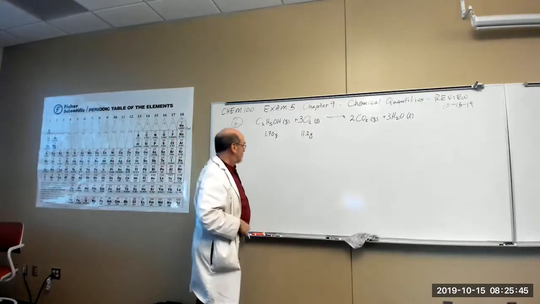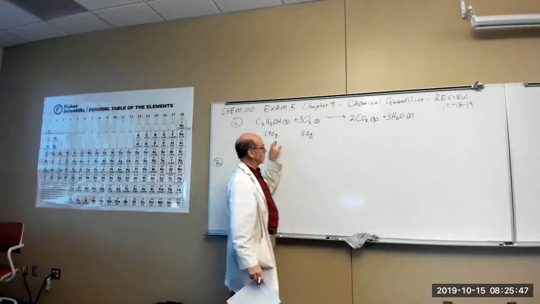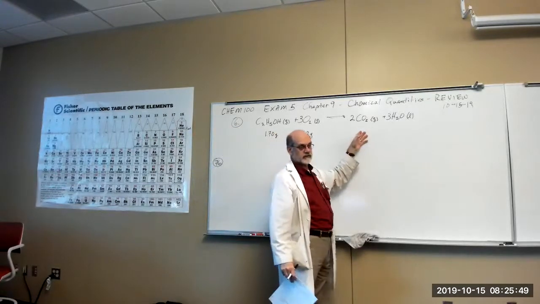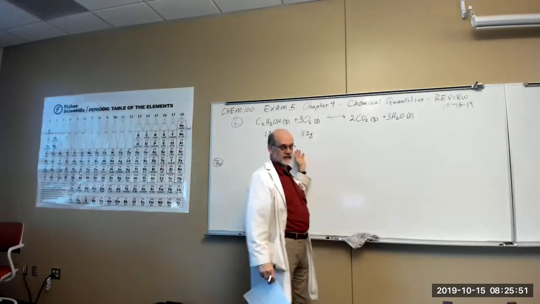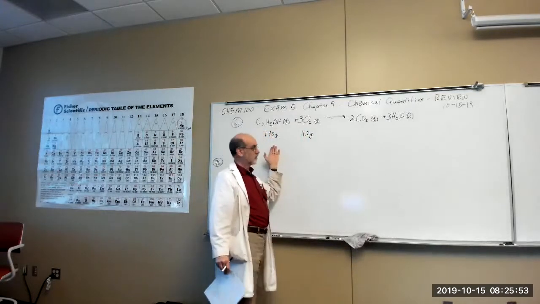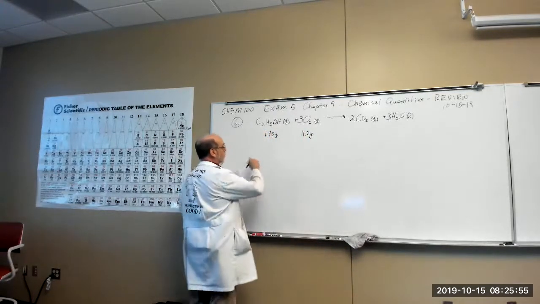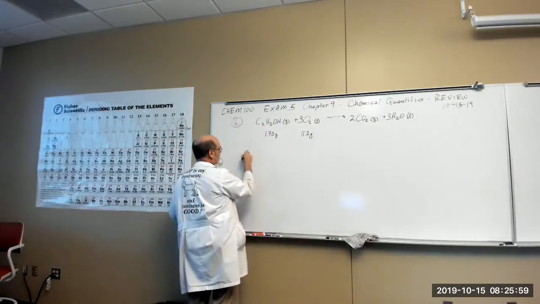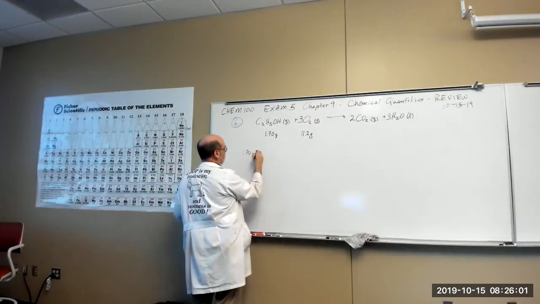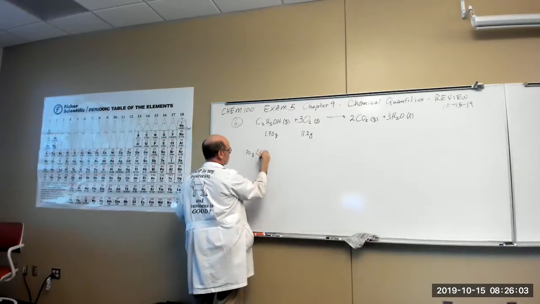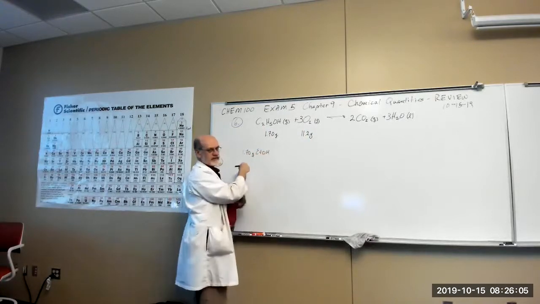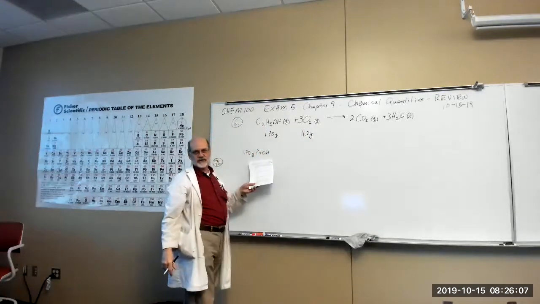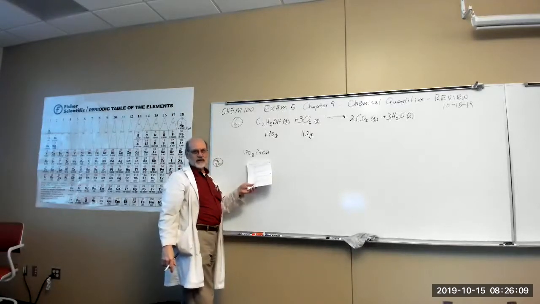And we can't go from grams here to any of the products, right? It has to be numbers, it has to be moles. So we've got to find out what's the molar mass of this, because that's our conversion factor for ethanol. That's my abbreviation for ethanol, EtOH.